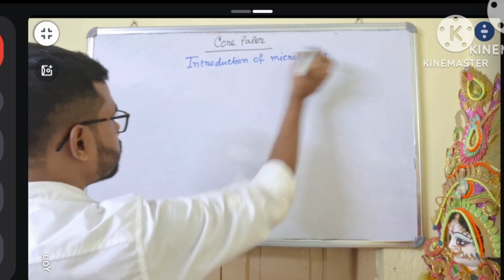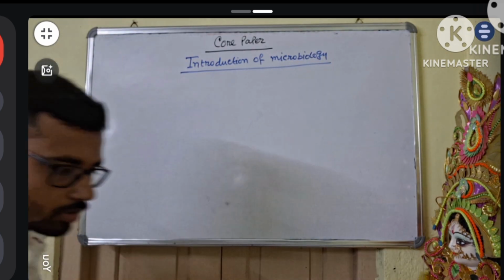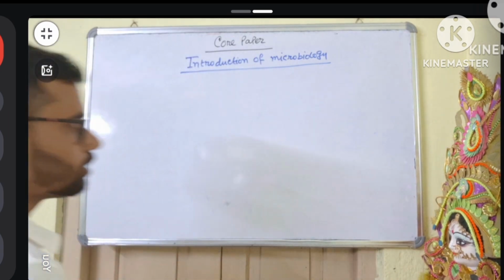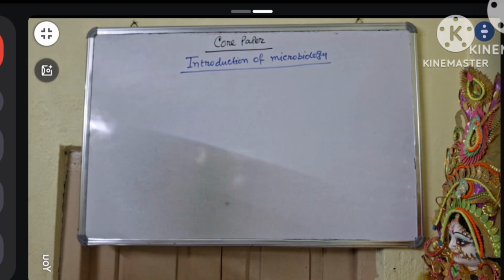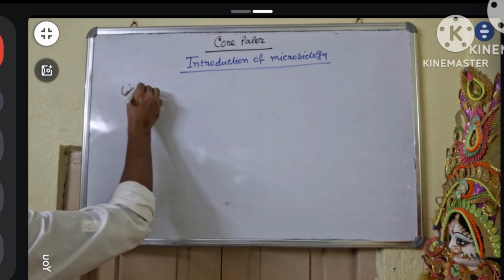First of all, we go through the syllabus and the reference book suggestion. Then we move towards the first topic. The introduction of microbiology has two units, unit 1 and unit 2.